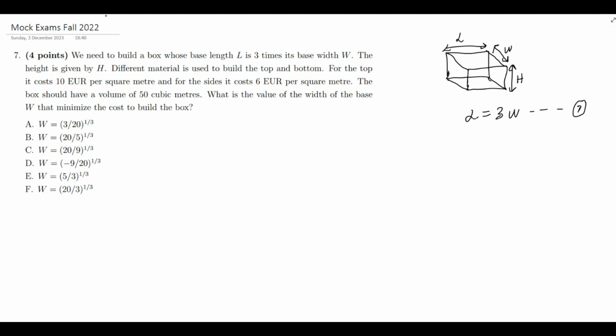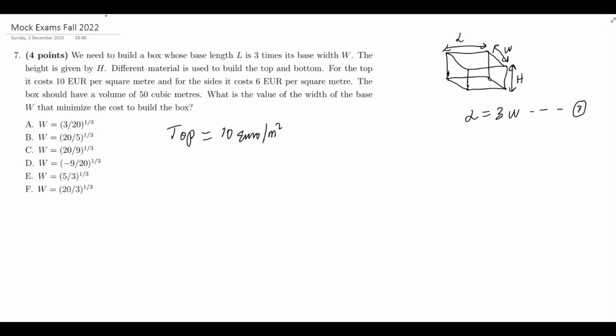So the top is described by the length and the width, and the side is described by the height and the width, right? So different materials are used to build the top and the bottom. For the top, it costs 10 euros per square meter. So now let's collect the information. It says that for the top is 10 euros per square meters, right? And what do we notice?